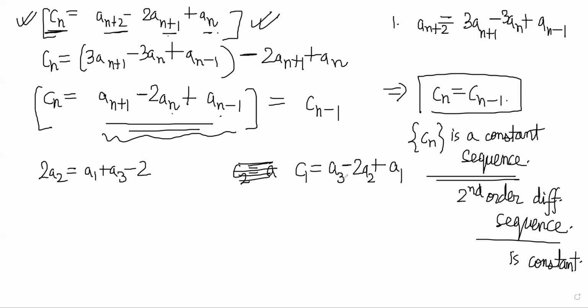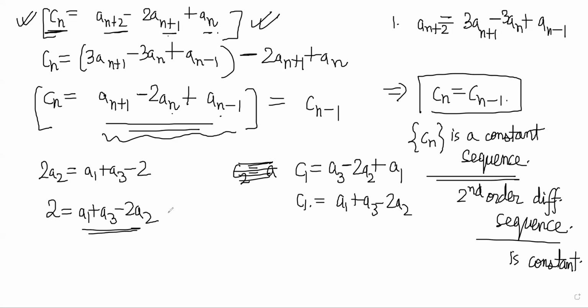So a1 plus a3 minus 2a2 is equal to C1, right? And here we have 2 is equal to a1 plus a3 minus 2a2. So this is equal to C1. So therefore we are getting C1 is equal to 2. And since Cn is equal to C of n minus 1, Cn is coming out as a constant sequence 2, right?